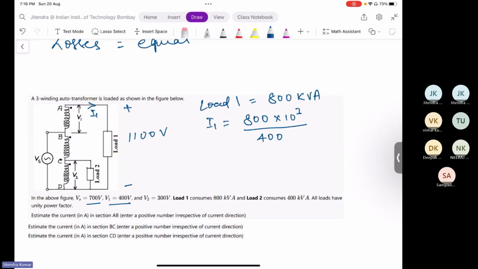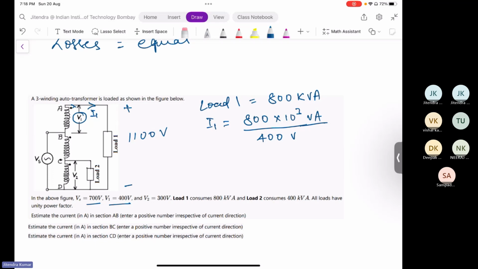Why 400, not 1100? Because this I1 is coming out of this dot, and that current is generated by this V1 and this I1, which gives the kVA of that winding. Sir, but the kVA of that winding is not given here. Okay, that's correct. The load 1 kVA is given, not the winding kVA.